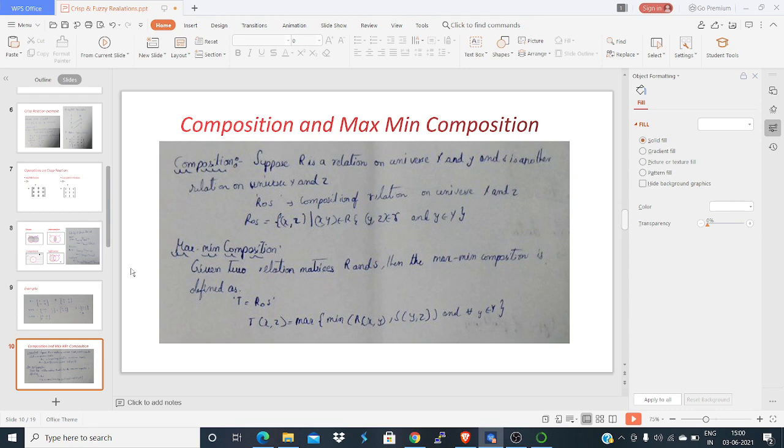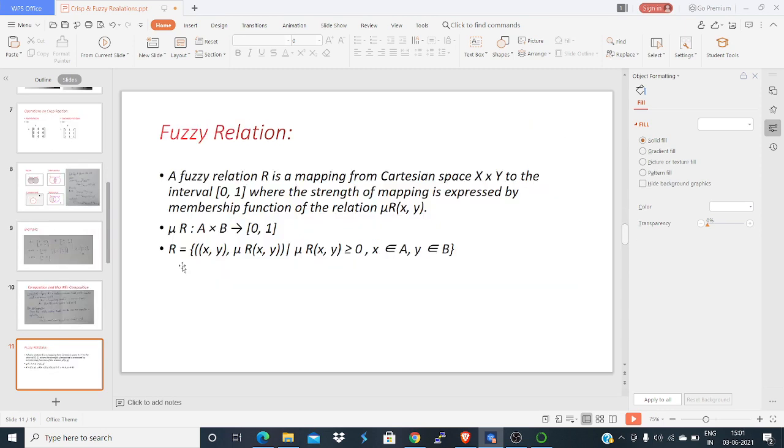The relation between X and Y is R. The relation between Y and Z is S. And R o S is the composition relation, which is X comma Z, which gives the overall relation between X and Z based on these two relations R and S. Max-min will be finding the max of the min values in the fuzzy relation. As said earlier, we will be having answers like not so true, may be true, may not be, partially true, like that. So the values are in the range 0 to 1 always.